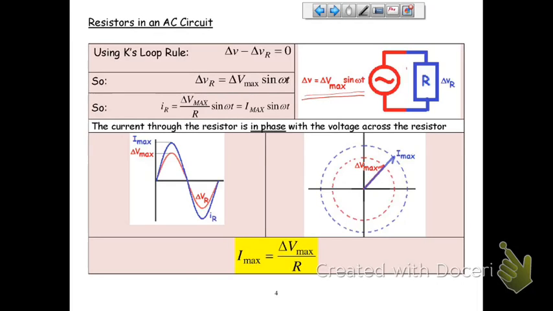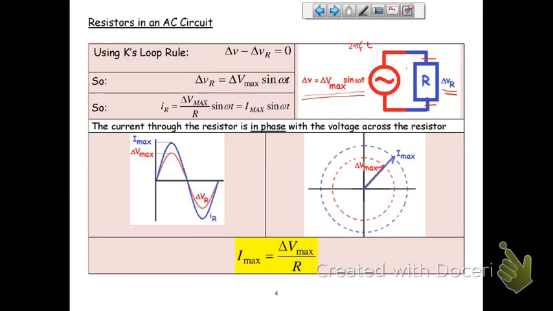I'll emphasize this: in some books they go 2 pi f times t, and that's the way they start off, but I find it easier to work with omega t. Okay, so then we have resistance R. So the EMF is dropped across the component, so that's my potential difference.